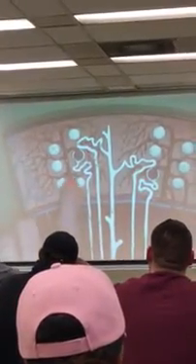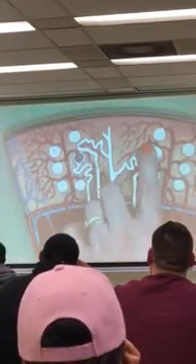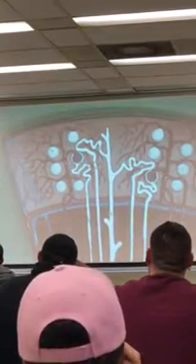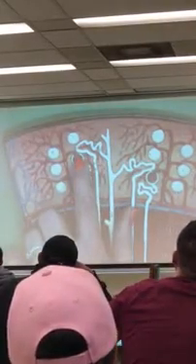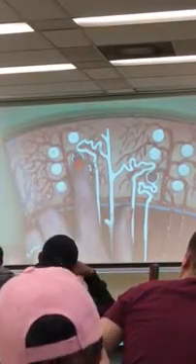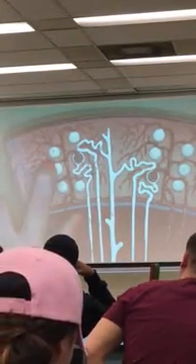And so here we would have an interlobular artery. Coming off of that, we would have afferent arterioles. They would go into the capsule, part of the nephron, to form the glomerular capillaries, or just glomerulus. And then leaving that would be the efferent arteriole.